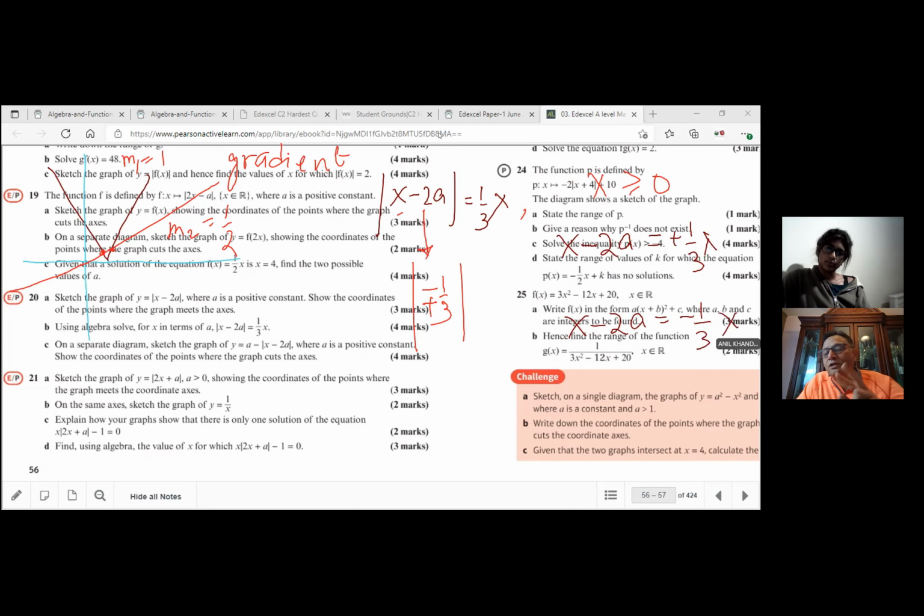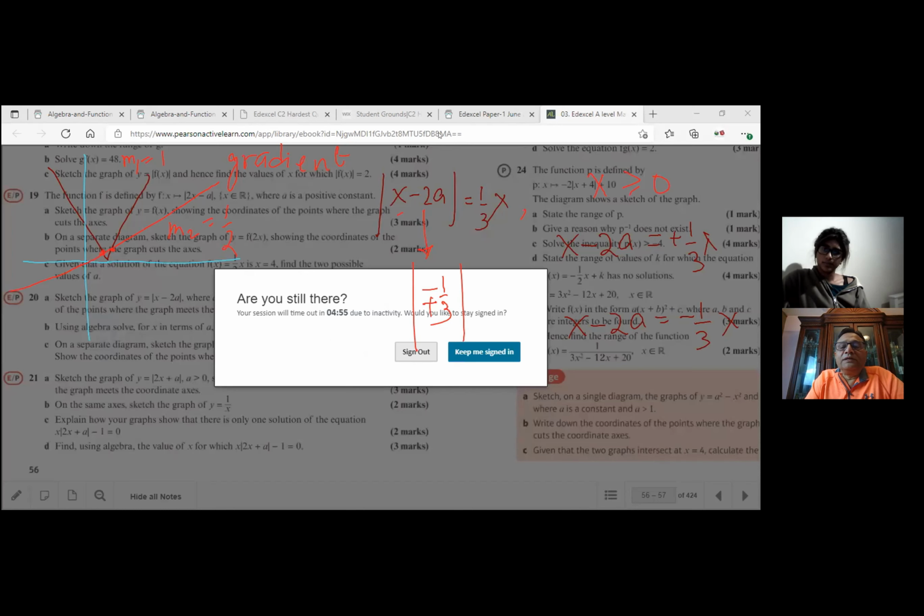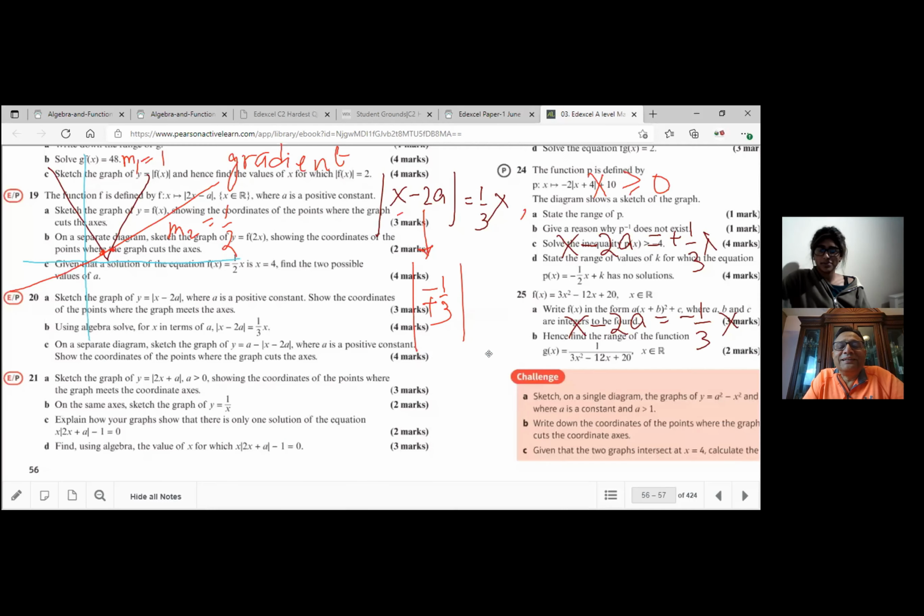You get the idea. Those two equations are going to give you the two solutions. In terms of a, we can always bring this to one side.